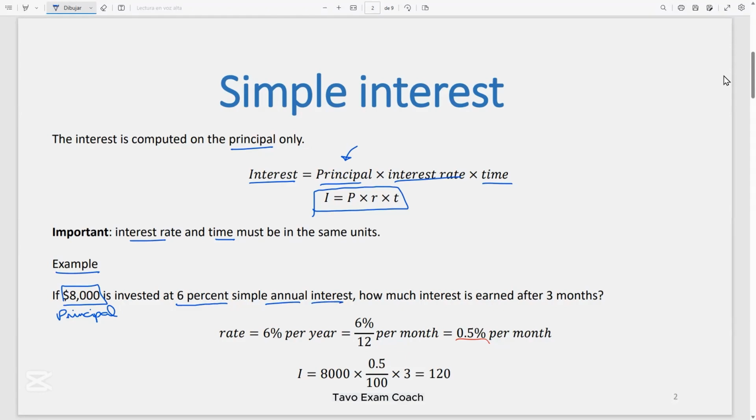Then the duration of the investment is 3 months. So either we keep an annual interest rate and express the duration in years, or we keep the same units for the duration of the investment and convert this annual interest rate to the same time units of the duration of the investment.